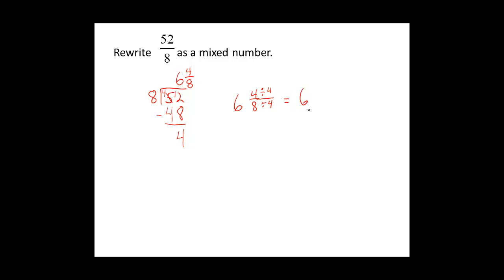So our answer is 4 divided by 4 is 1, and 8 divided by 4 is 2. So 4/8 is the same thing as 1/2. So 52/8 is equivalent to 6 and 1/2.